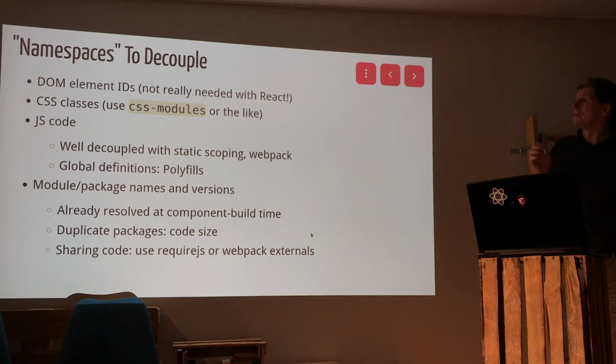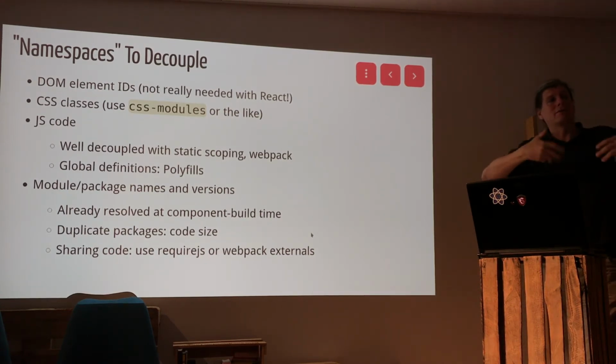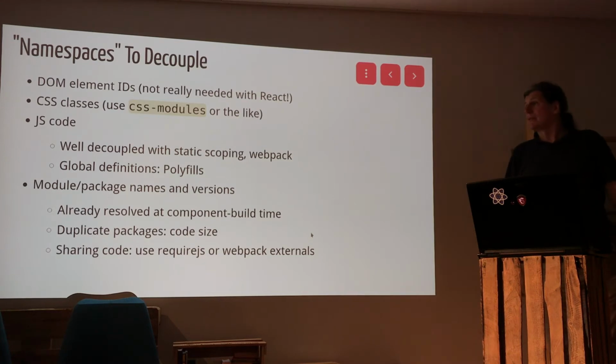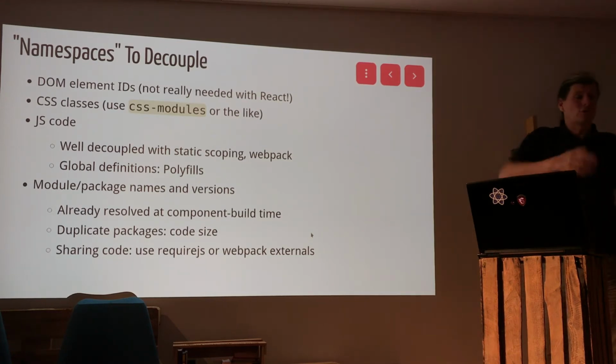Actually it would be cleaner, and maybe we get around to doing it, to use CSS modules or something like this, which simulates namespaces for CSS essentially by pre-transformation of CSS.